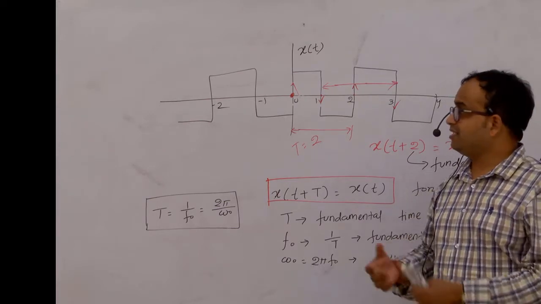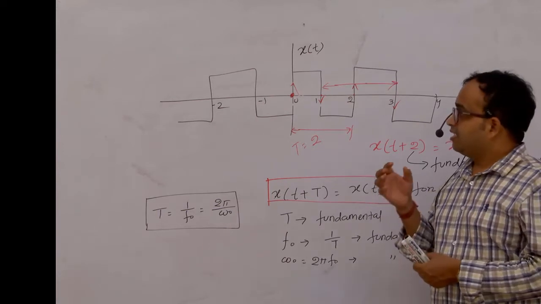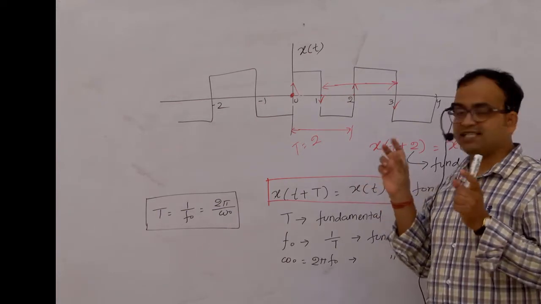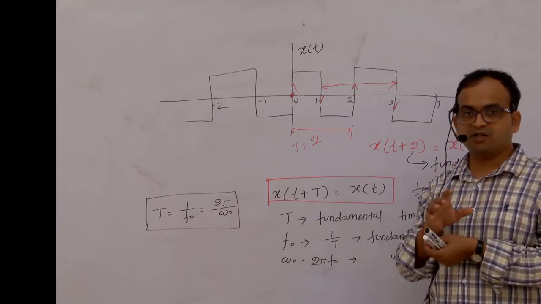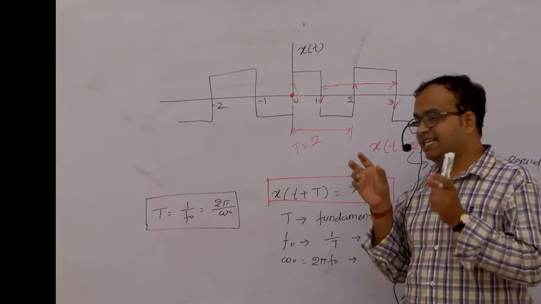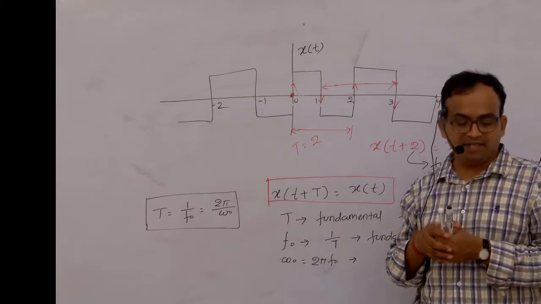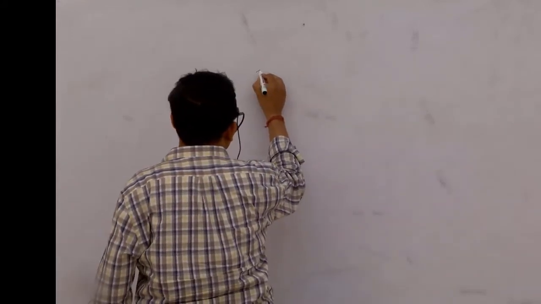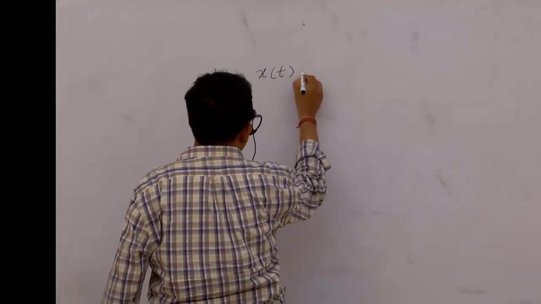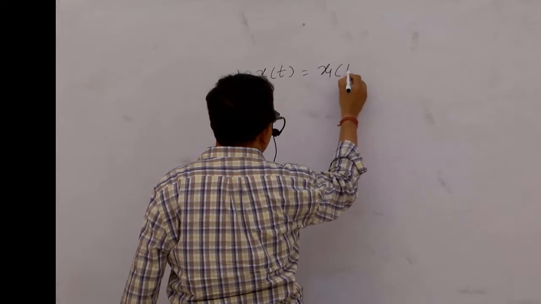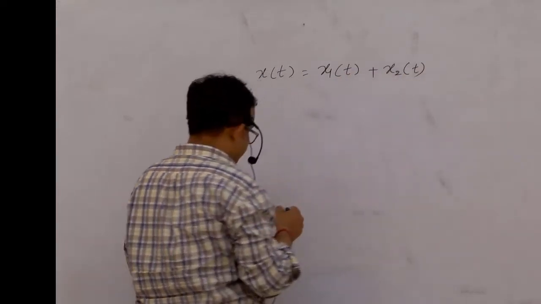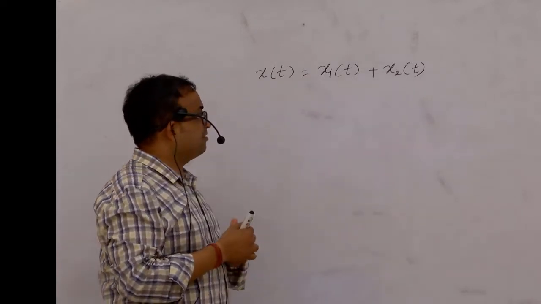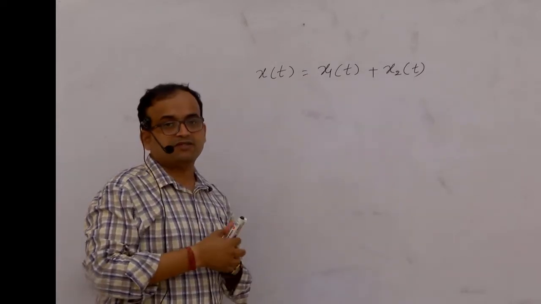Now what is the difference? If there are two signals being added, we have to judge whether the addition of the two signals is periodic or not. Let me take an expression like this: x of t equals x1 of t plus x2 of t.